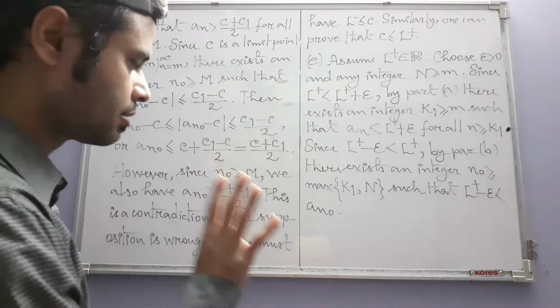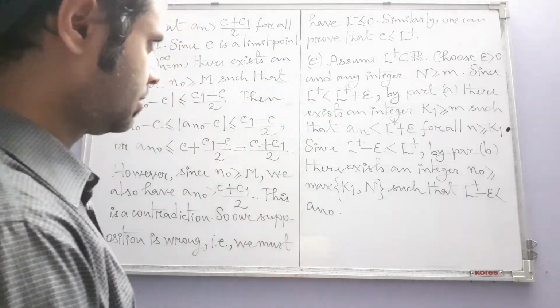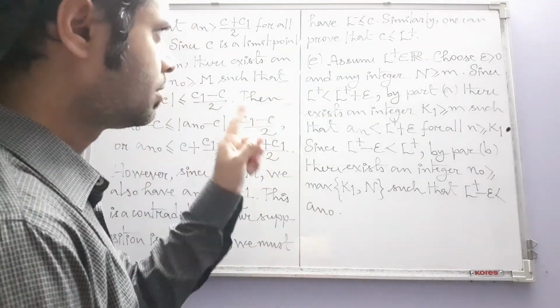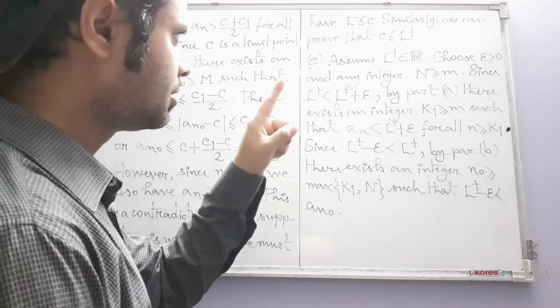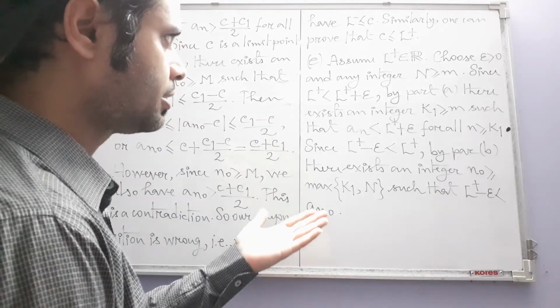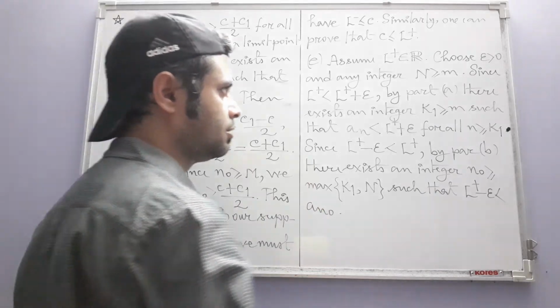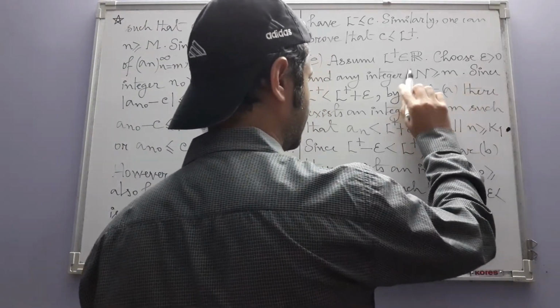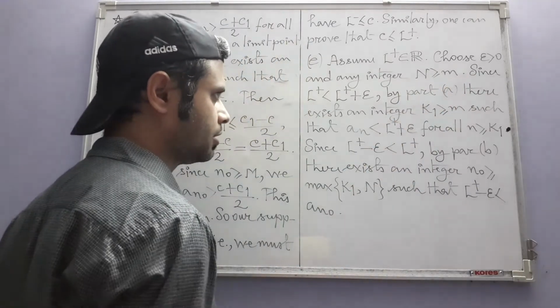Okay, let me just quickly see if this part is correct. I have started by assuming L plus to be a real number. Then, in order to show that it's the limit point, I have chosen a positive real number epsilon and any integer n.